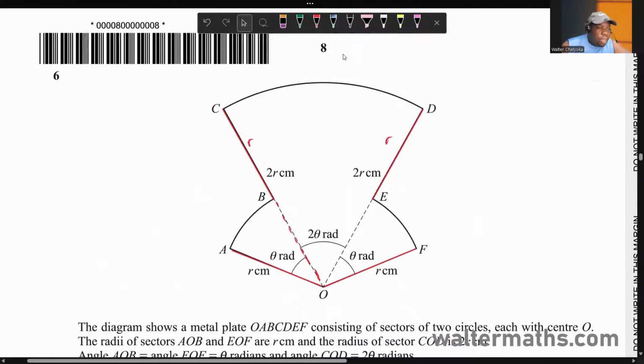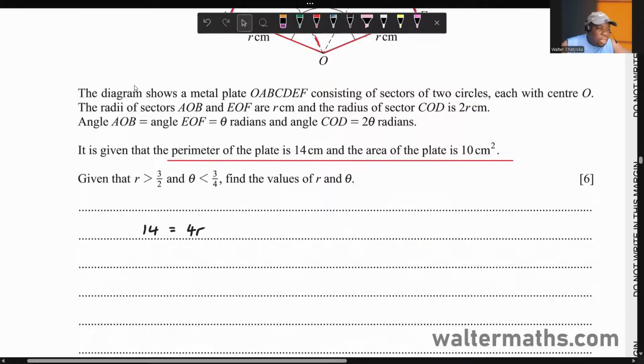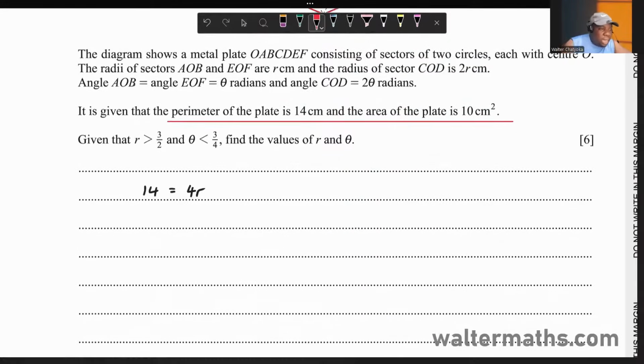Then we have the arcs. This one and this one are r theta, so we have 2 r theta.